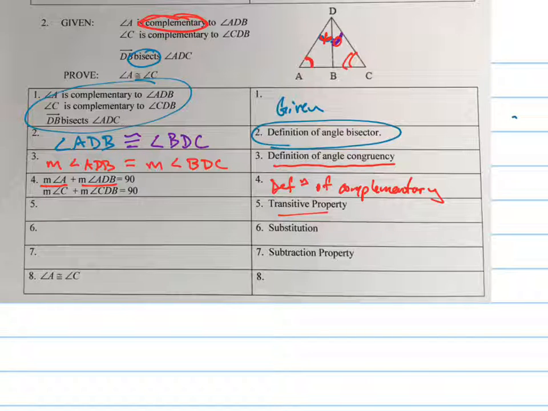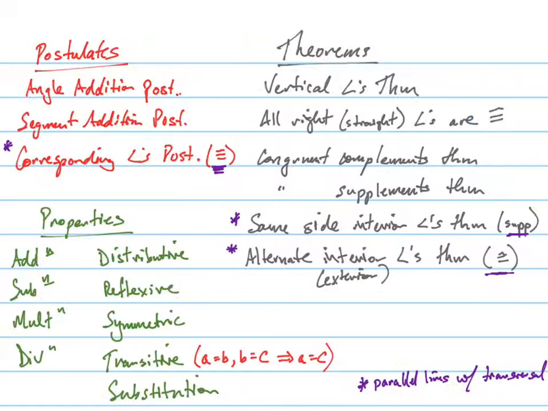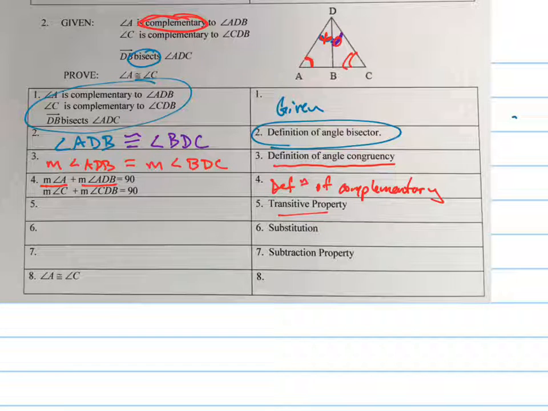So the transitive property says this down here on the bottom: if A equals B and B equals C, then A equals C. So I'm using the transitive property.